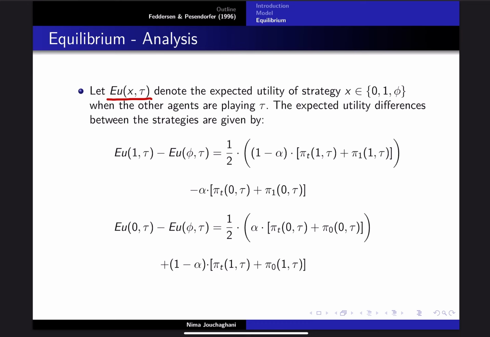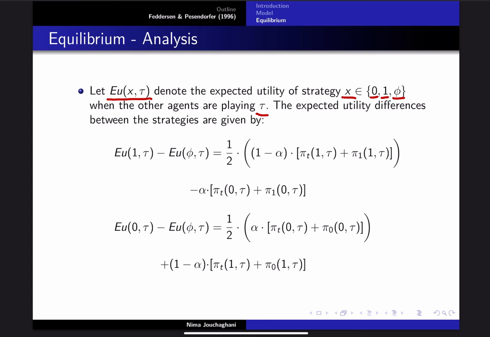So it's the expected utility of strategy X given that the other agents are playing some fixed strategy profile tau. We're fixing this strategy profile. And the set of strategies for an uninformed independent agent is 0, so voting for candidate 0, voting for candidate 1, or staying absent, which is then phi.